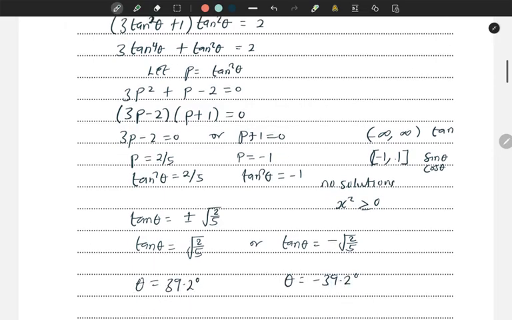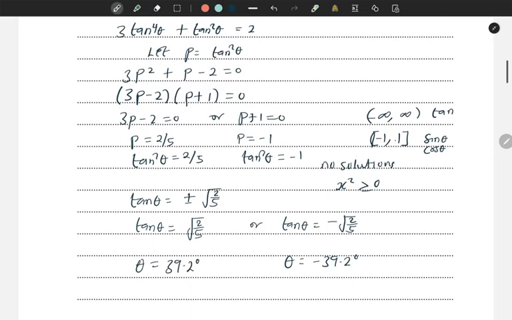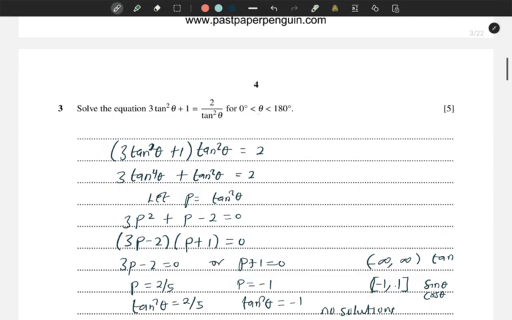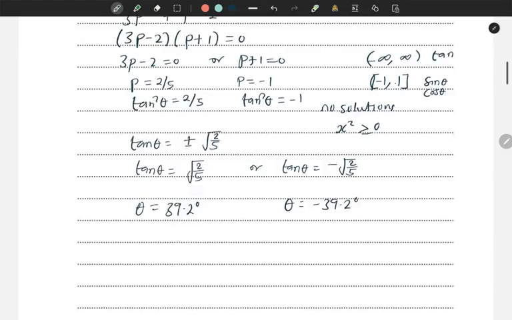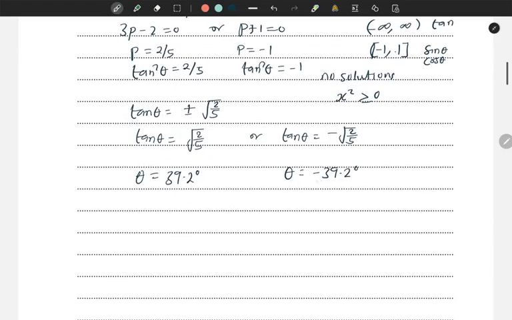However, we can't leave the answer in negative form, because the angle you must obtain lies between 0 and 180 degrees. So we don't need negative results. So what are we going to do to get positive results now? We're going to add 180 to this, or you subtract this value from 180. So theta equals 180 degrees minus 39.2 degrees.